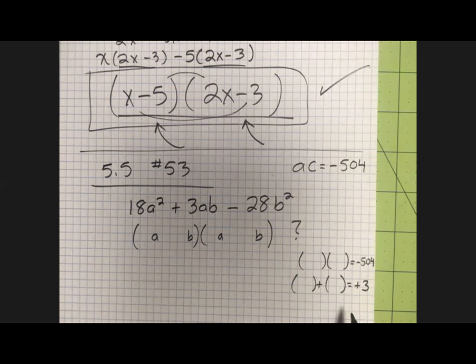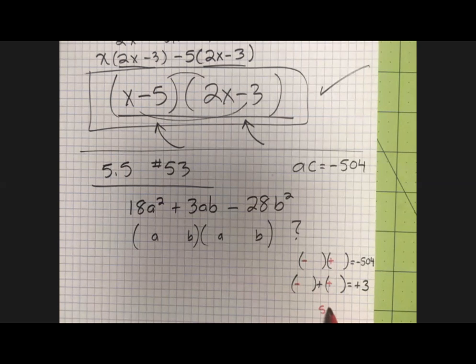Now this might take some hunting. But think about it. Two numbers that multiply to minus 504. One of them has got to be positive and one of them has got to be negative. And if they add up to 3, the positive one has got to be bigger than the negative one, and they've got to be relatively close together.